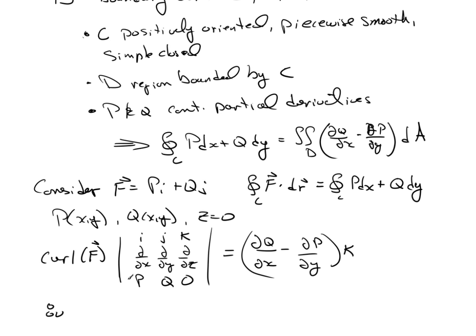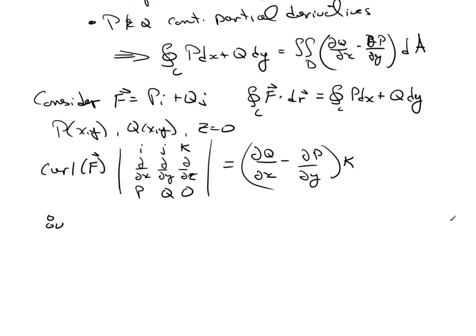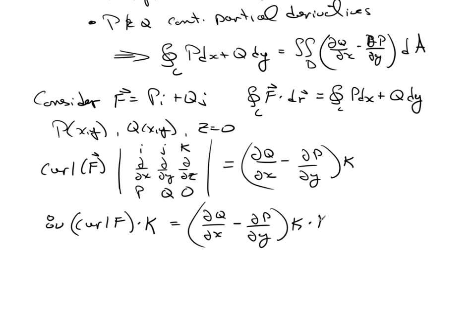Therefore, the curl of F dot k, taking all of this and dotting it with k, is going to equal the partial of Q, partial of x, minus the partial of P, partial of y, times k dot k, which just gives me the partial of Q with respect to x minus the partial of P with respect to y, by what the dot product does.